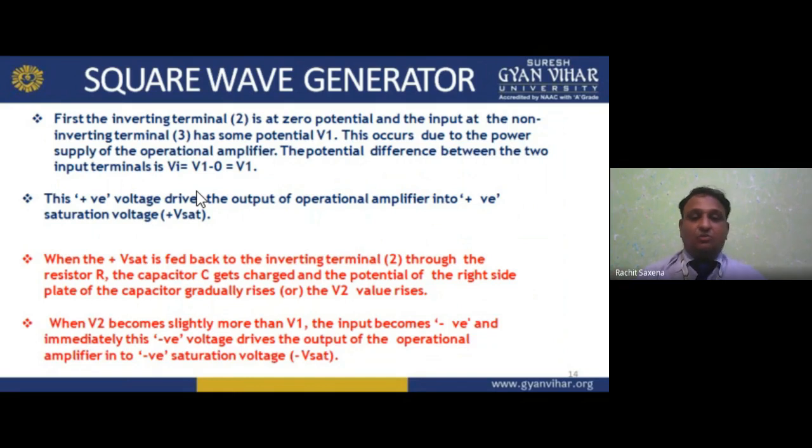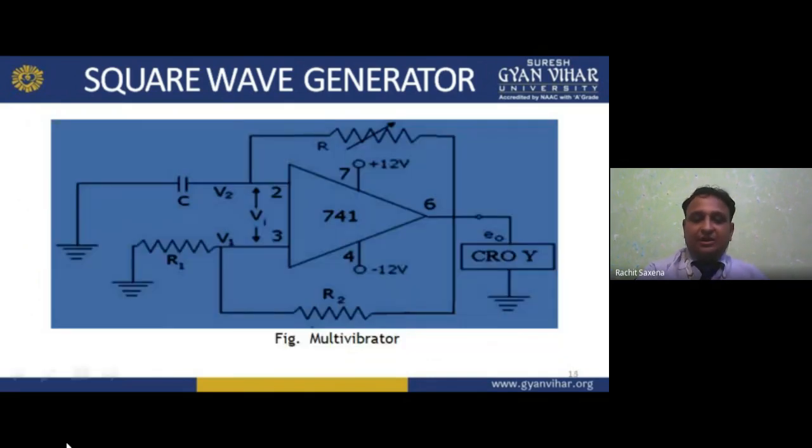Now, when V2 becomes slightly more than V1, what happens? The input becomes negative because the positive side is less and the negative side is more. And immediately the negative voltage drives the output of the operational amplifier into negative saturation voltage. Now see, two inputs are there.